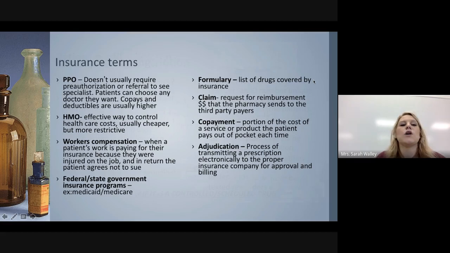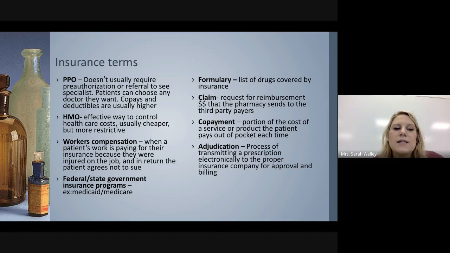Insurance terms. These are different kinds of insurances, different kinds of third-party payers. So you've got a PPO. They always ask this question on the certification test, and I don't even know why, because it doesn't really pertain to pharmacy as a whole, but they ask about the difference between PPOs and HMOs.